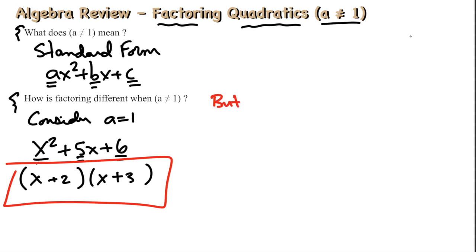But when a is not equal to 1, the possibilities, there are many more that we have to consider.